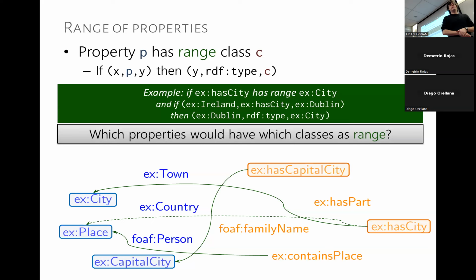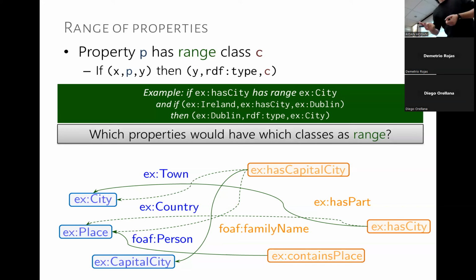It's inferred. And likewise for has capital city, we can infer the implied range here, and apply another range for place. So essentially it says that if some property P has range C, and if C is a subclass of D, then property P has range D as well.